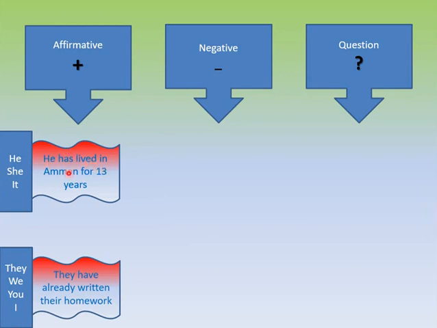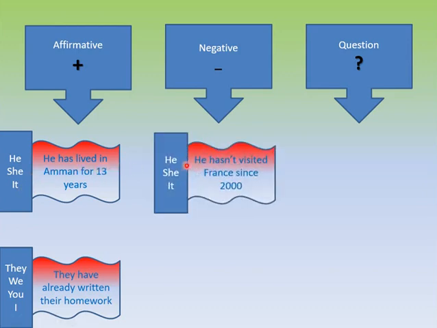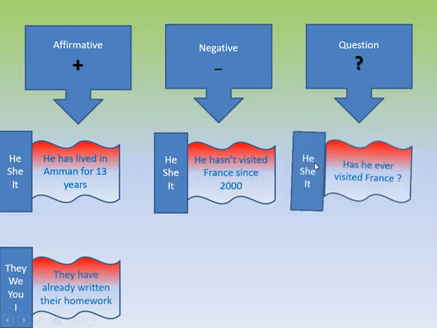He has lived in Amman for 13 years. He has lived, or she has lived, or it has lived. In the negative form, he hasn't visited France since 2000, or she hasn't visited France since 2000. In the question form, look here, has he ever visited France, or has she ever visited France?